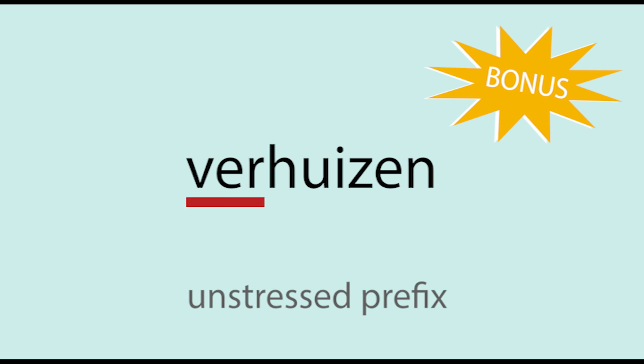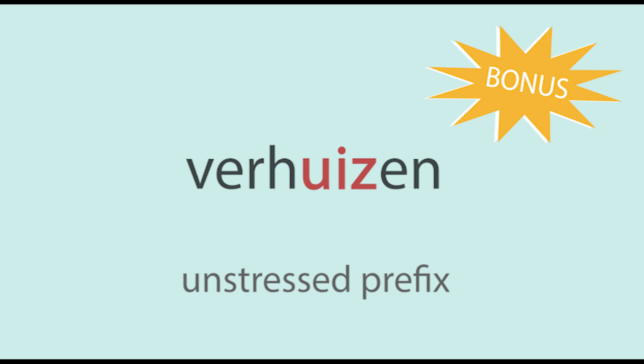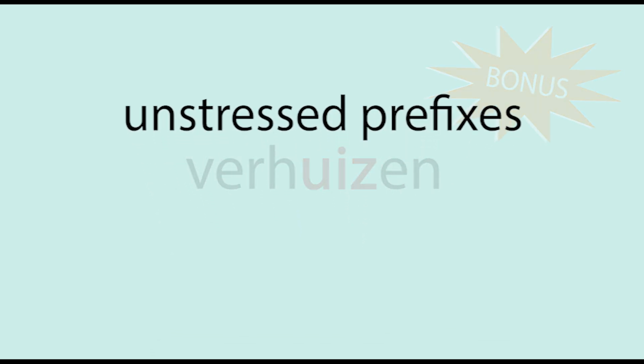Geleefd. Let's try verhuizen. In addition to the ZS, there is another feature of verhuizen. It starts with a so-called unstressed prefix. Ver. Verhuizen. There are quite a few of those unstressed prefixes in Dutch.